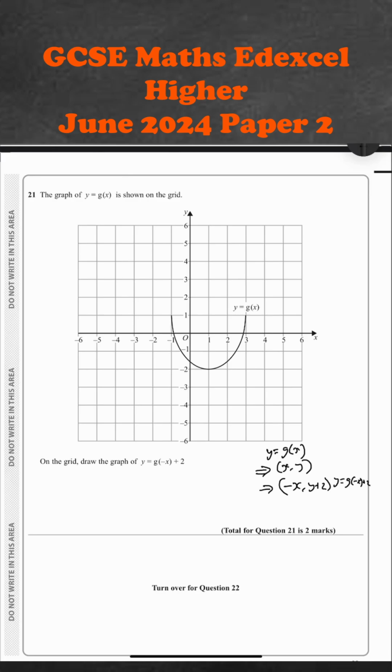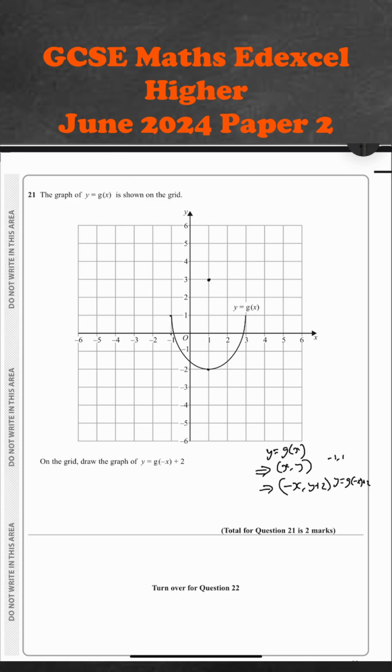So, for example, if we look at this point here, this is minus 1, 1 on the original graph, which means this point's going to go to 1 on the x-axis, 3 on the y-axis. Similarly, if I look at this point here, 1, minus 2 is going to go to minus 1, 0.